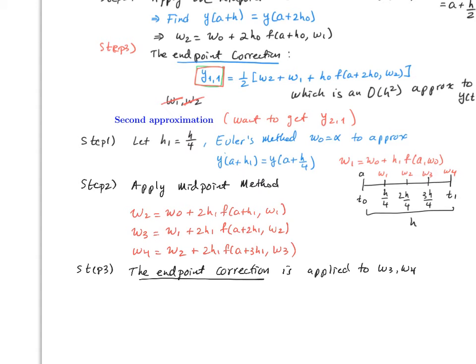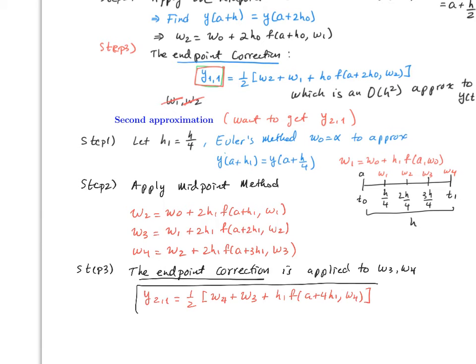So from here y21 is equal to 1/2 (W4 plus W3) plus H1 f of a plus 4H1, and then W4. And this will be the new value.